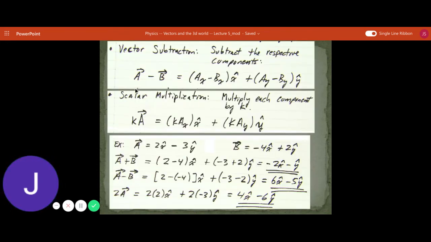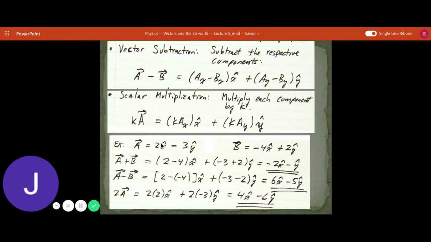If we want to do subtraction, we just subtract the components as such. If it's A minus B, it's Ax minus Bx, x hat, Ay minus By, y hat. Scalar multiplication, same thing. We could represent the scalar as k, and k times the vector is equivalent to k times each component. So k times the x component and k times the y component.